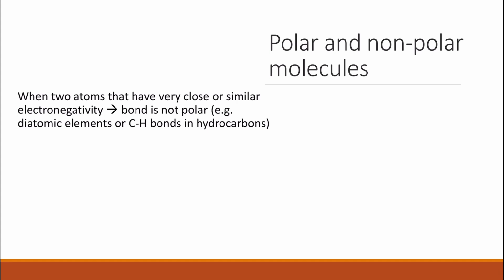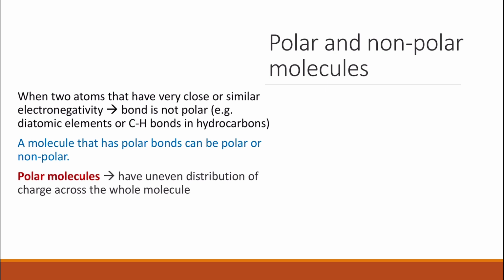This is why hydrocarbons as organic molecules are non-polar, because all the bonds are non-polar. You would expect any molecule that has polar bonds to be polar as a molecule. However, molecules which have polar bonds can be either polar or non-polar.